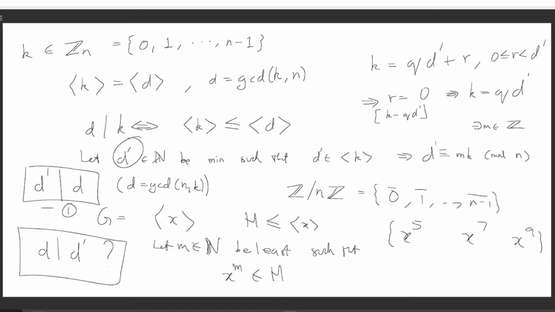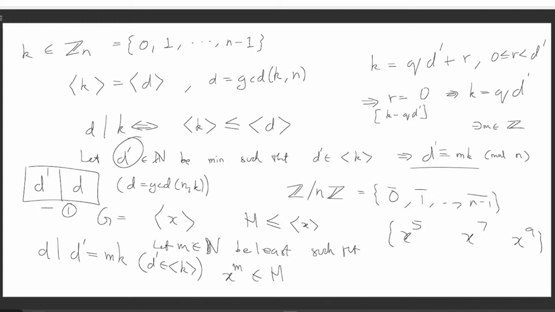Correct. Yes, I forgot to use the fact that D prime is in MK. D prime is in MK just tells you that D prime is a multiple of K. D divides K, D prime. Completely forgot. Yes, this is of course true. Any questions?